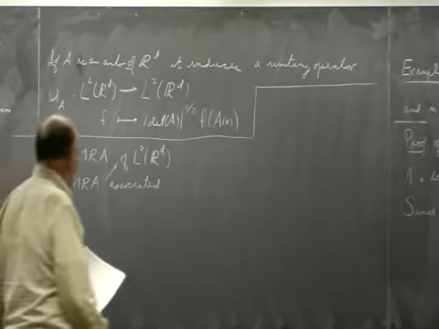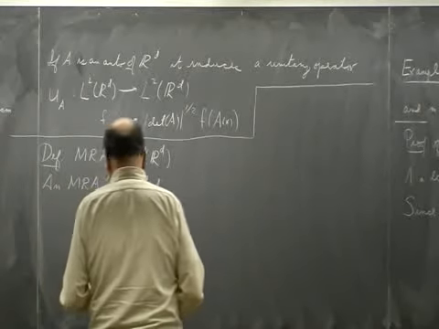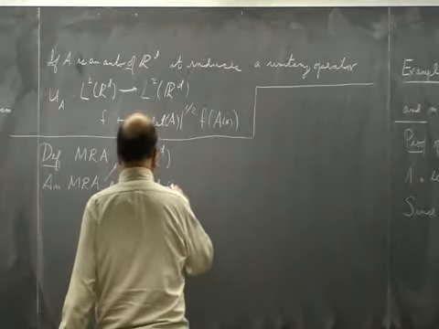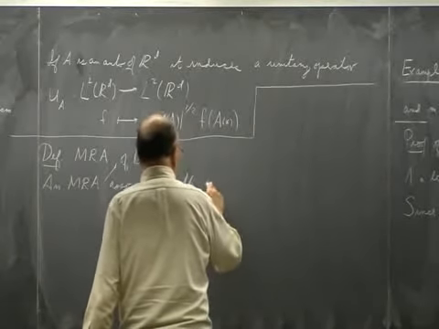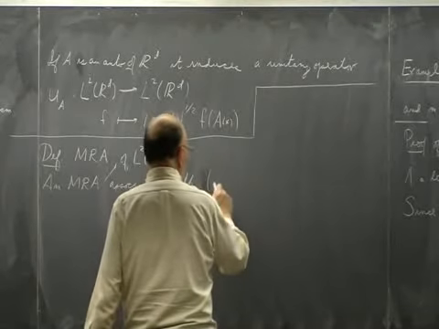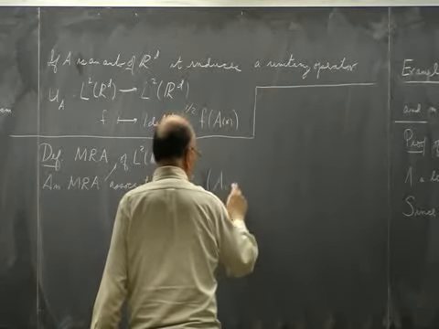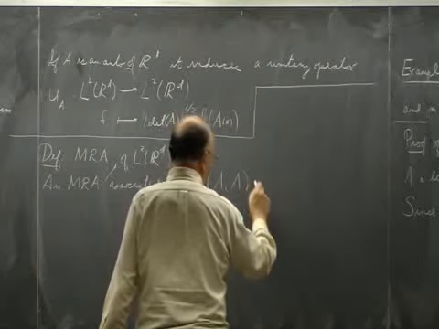So, an MRA of L2 of R^D associated with a pair A, lambda, dilation.